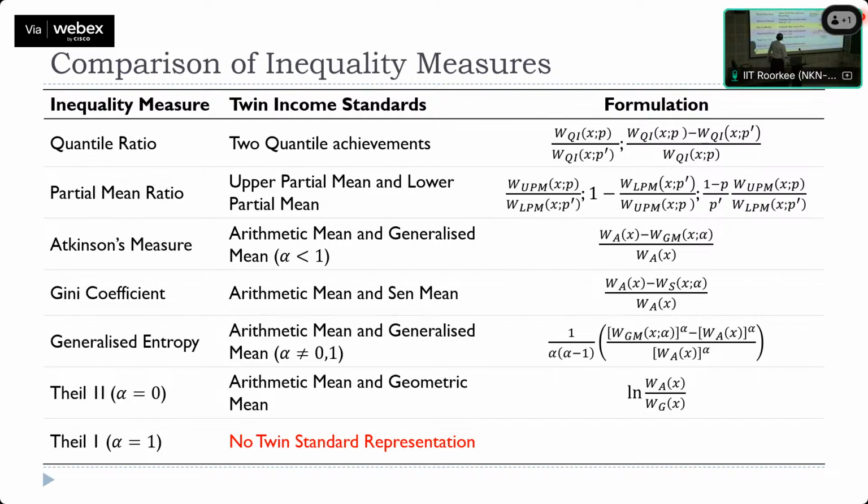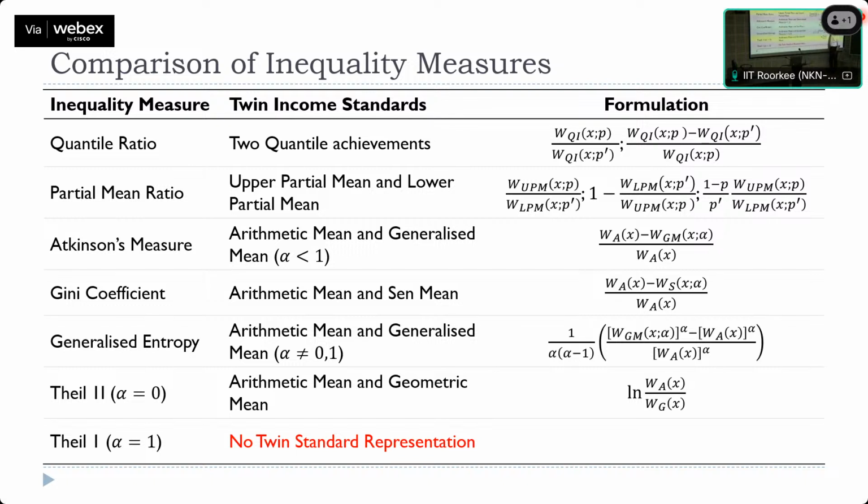Very briefly, if you are looking at the quantile ratio, you just look at the ratio of the upper quantile and the lower quantile. You're just saying how many times higher the 90th percentile is compared to the poorer percentile, and so on. Similarly, for Atkinson's measures, with alpha less than 1, what is the inequality measure?